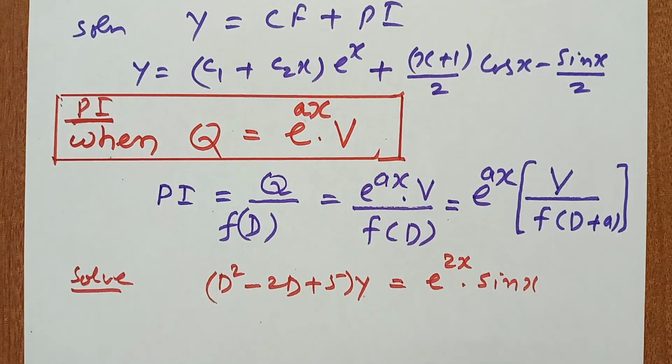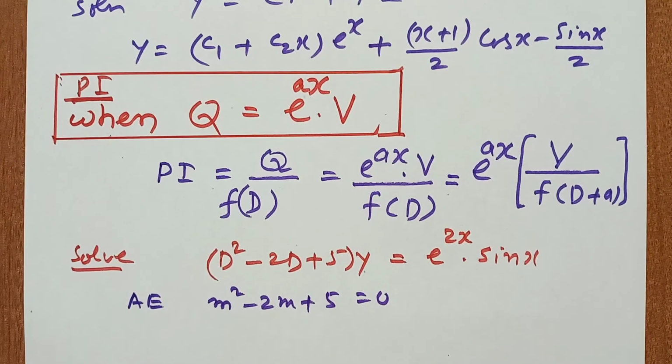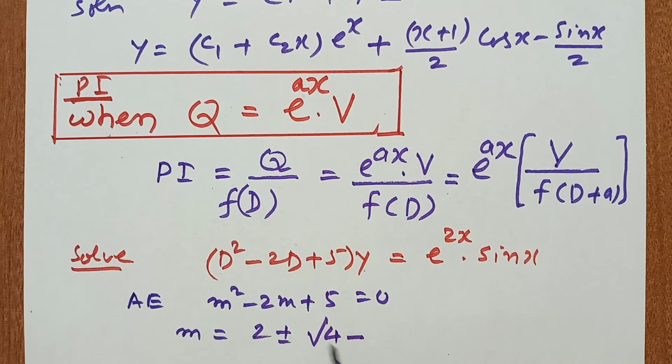So first we calculate the auxiliary equation. m squared minus 2m plus 5 equal to 0. Okay, so this is a very easy second degree equation in m. So here minus 2 and here 5. By the formula m equals minus b plus minus square root of b squared minus 4ac upon 2a.